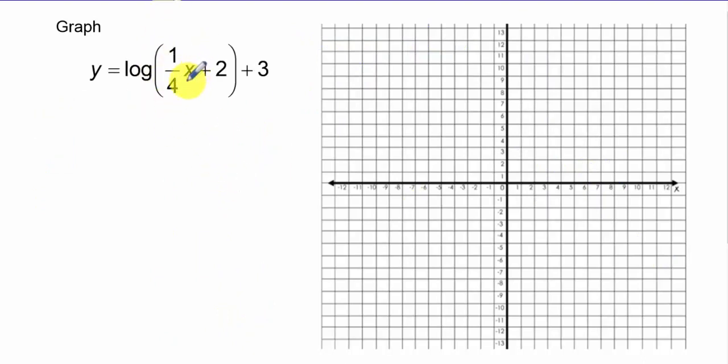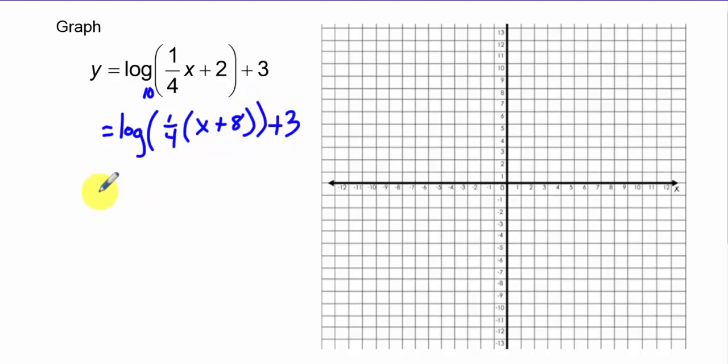So now we've got a situation where b is going to enter the problem, but this isn't in the right form because I need a coefficient of 1. And this is also log base 10. Just for fun, I'm going to rewrite this by factoring out a 4th, saying I have x plus 8, plus 3.